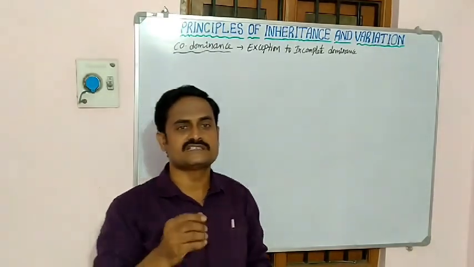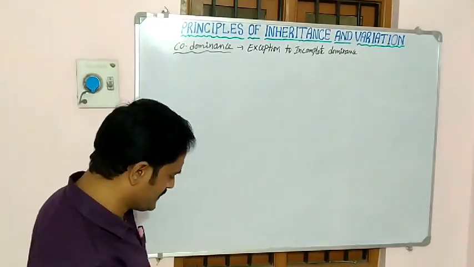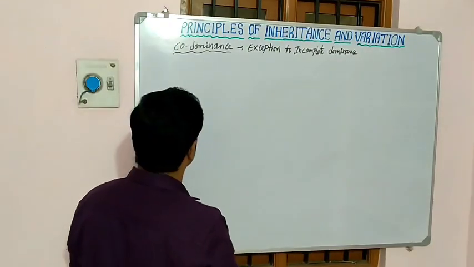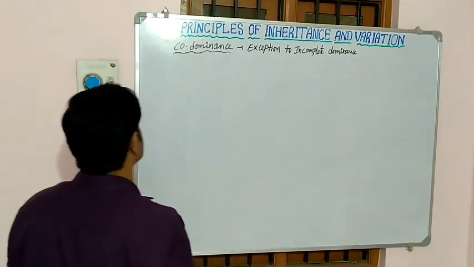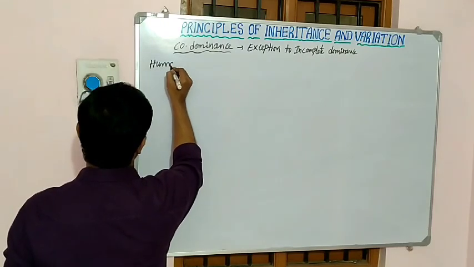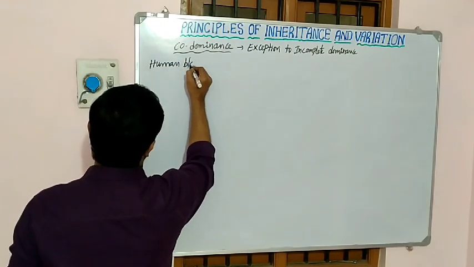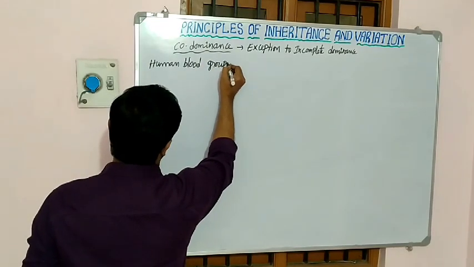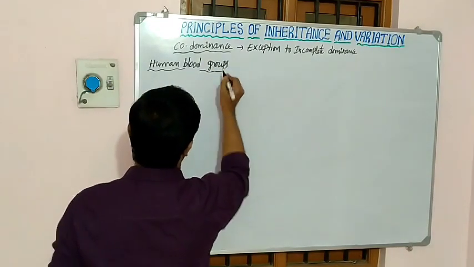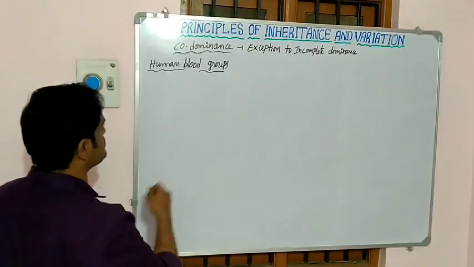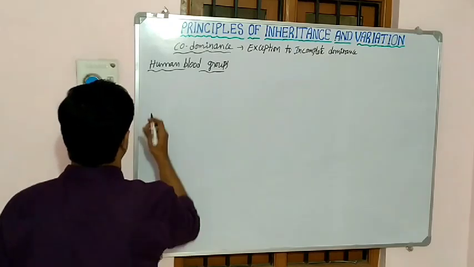So this kind of codominance we are seen in the human blood groups. So already you know very well how many types of blood groups are present. There are 4 types of blood groups. What are they?